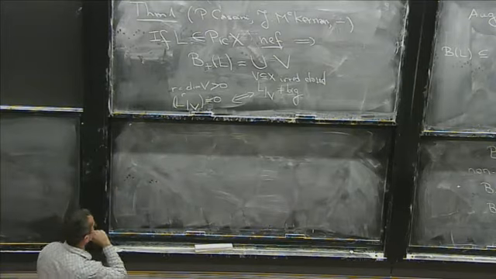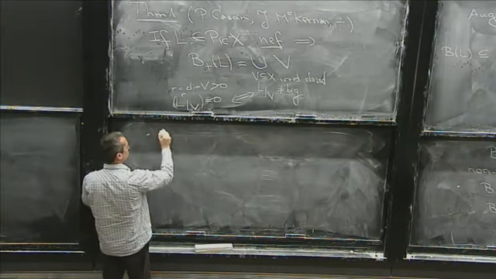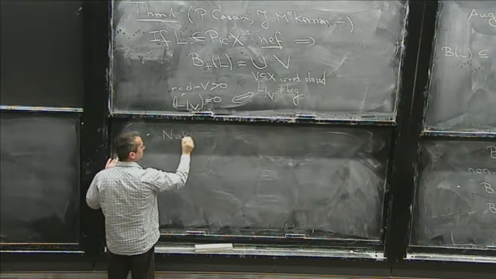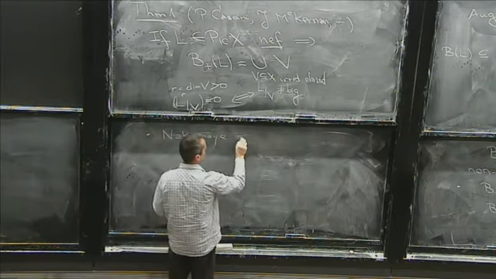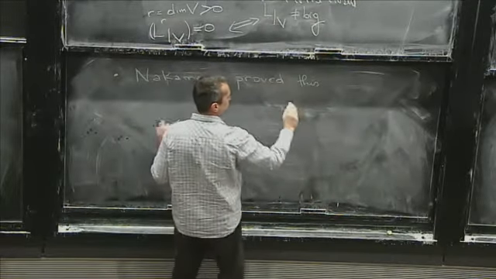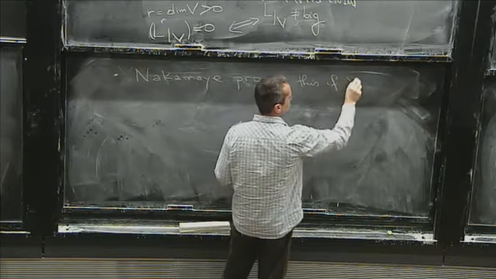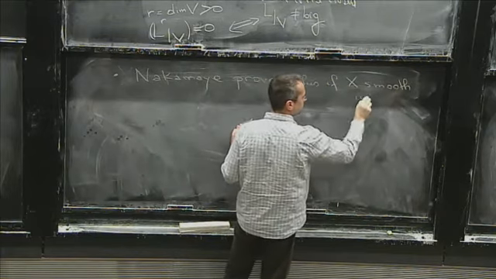description of this locus. So I should say right away, in characteristic 0, Nakamae proved this if X is smooth in characteristic 0.